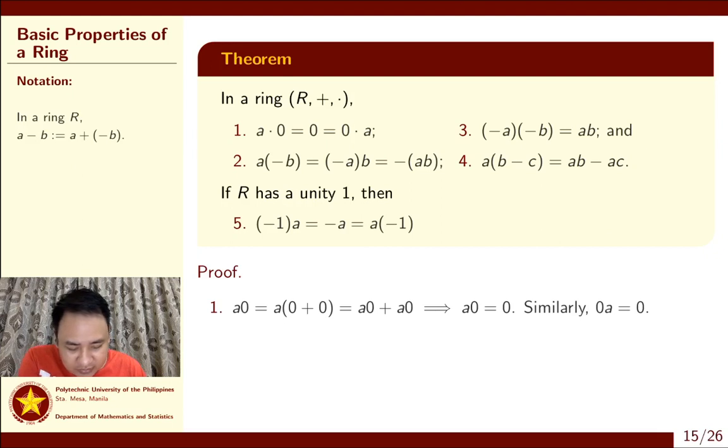Because the ring is a group under addition. So by cancellation law, meron kasing cancellation law ang groups, di ba? Cancel mo yung A times 0 sa magkabilang side, ang maiiwan ay 0. That's why ang A times 0 ay 0. Now, I will let you do the other direction. Similar lang naman ang proof niyan.